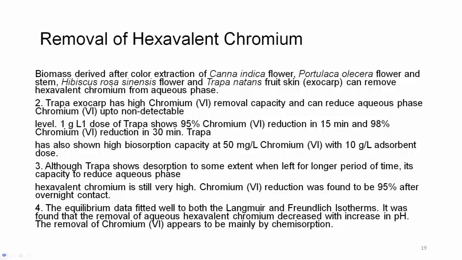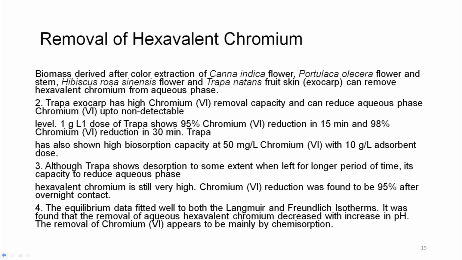So, removal of hexavalent chromium: biomass derived from color extraction of Canna indica flower, Portulaca flower, hibiscus flower and Trapa natans fruit skin can remove hexavalent chromium from aqueous phase.